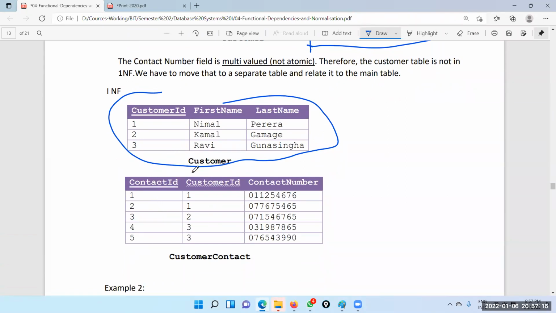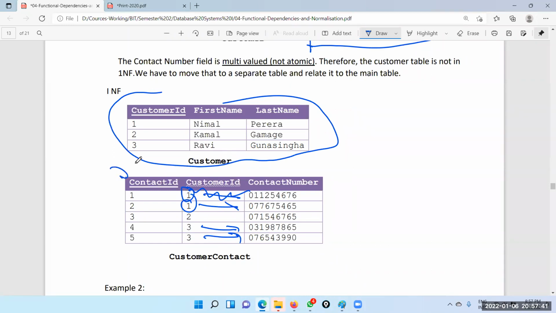Where your customer ID is a foreign key to connect with the customer table. The same customer can have multiple contact numbers, different contact numbers, right? And therefore don't make it your primary key, because a primary key cannot be duplicated.